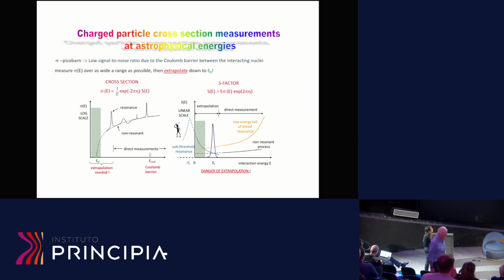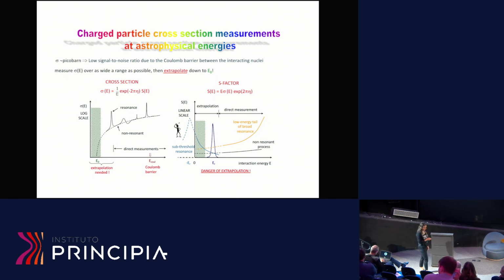Usually the extrapolation is done, maybe you have heard about it, using the S factor, a conventional factor where you remove the bulk of the Coulomb suppression by multiplying the cross-section by an exponential factor that is the inverse of the Gamow factor. However, the extrapolation can be dangerous, because usually you go into a region where you are not sure that you know everything in terms also of nuclear parameters.